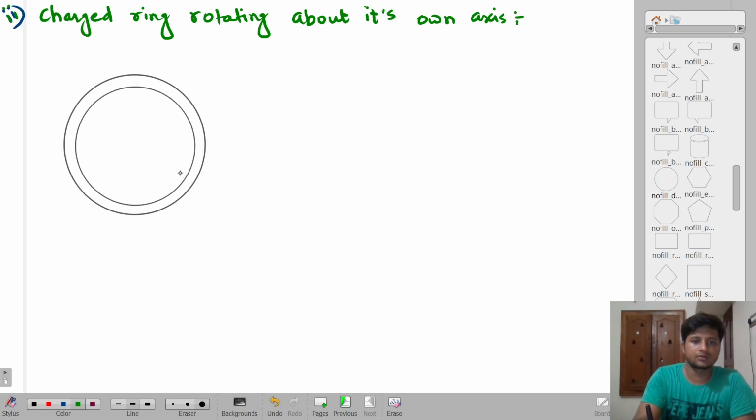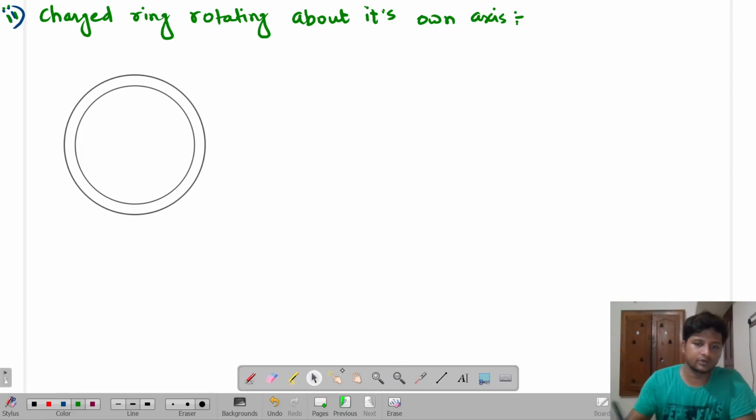And this ring is rotating about its own axis. Are you able to get me or not? So let's suppose the radius of the ring is r, I'm considering the radius directly, not inner or outer, something like that. Got it? And it is rotating about its own axis with angular velocity omega.